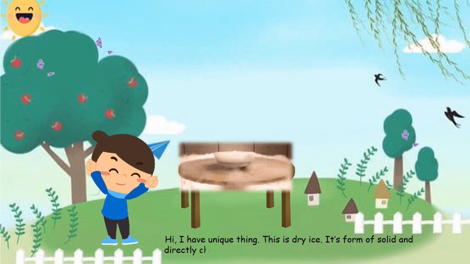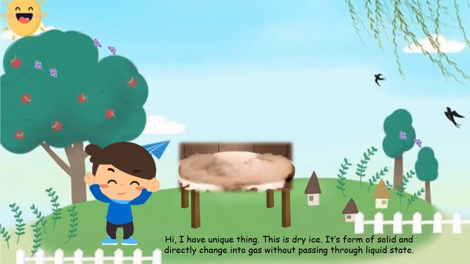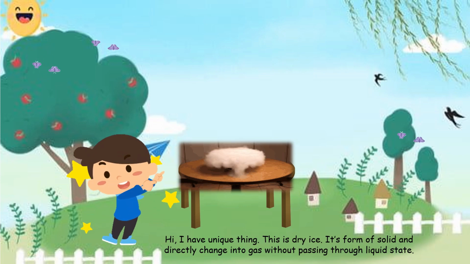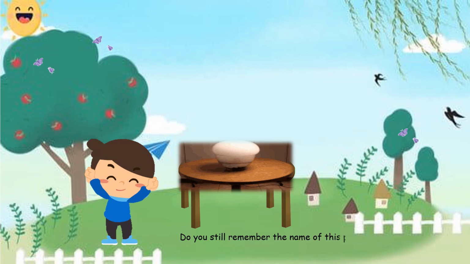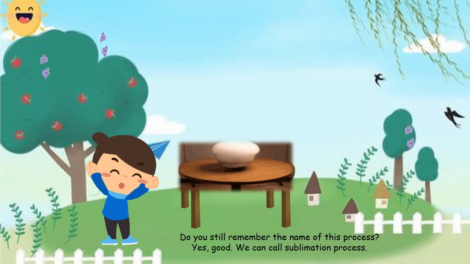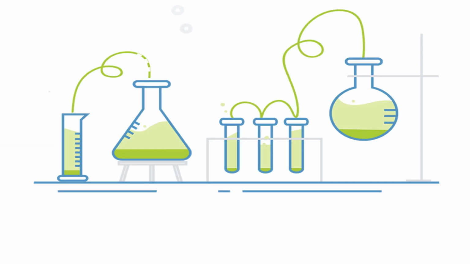Hi, I have a unique thing. This is dry ice. It's a solid and directly changes into gas without passing through the liquid state. Do you still remember the name of this process? Yes, good. We call it the sublimation process.